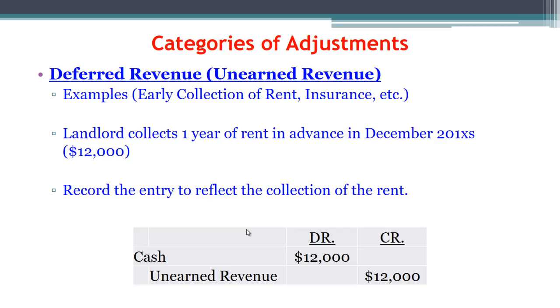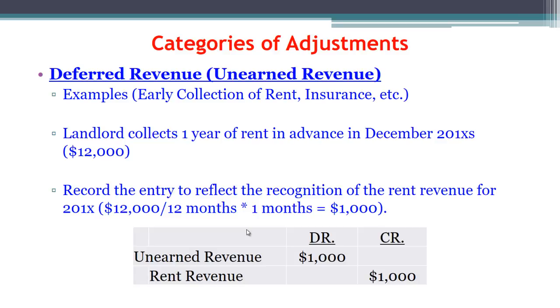We have to debit cash for $12,000 to increase the cash, and we credit unearned revenue, which is a liability, for $12,000. By increasing this liability, we're basically saying that we owe our customer something. We either owe them the service or we owe them their cash back if we can't provide the service.